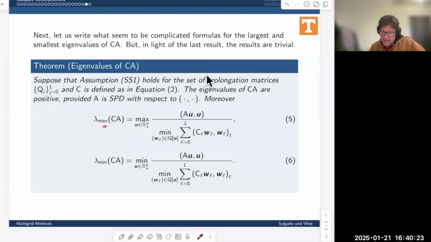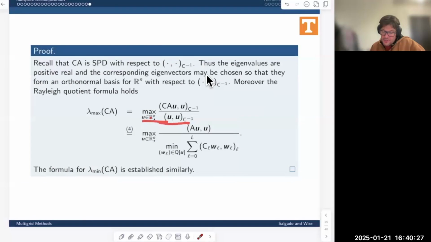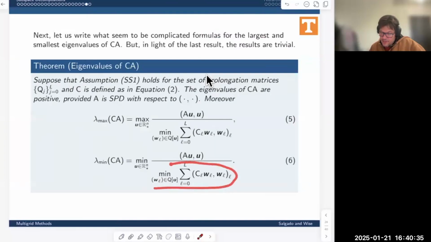That was for the max, where I take a maximum over the Rayleigh quotient. For the min, I take the min over the Rayleigh quotient, but I still do the same replacement, and therefore I get the same sort of formula. The only difference is max goes with max here, min goes with min here. So this is just a modified version of the Rayleigh quotient formula for the max and the min eigenvalue. And it turns out, as I said, that this gives us quite a nice calculation tool.